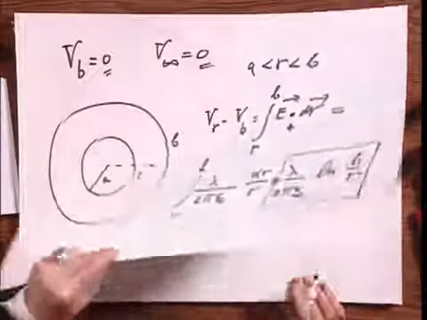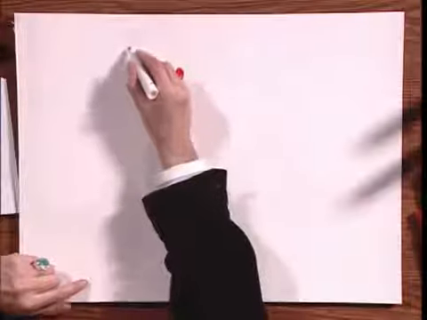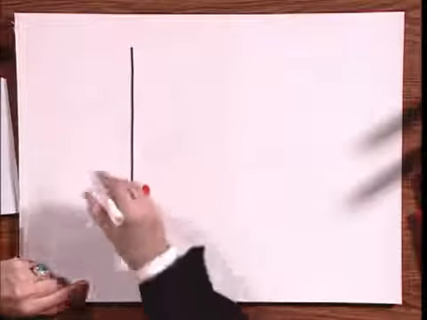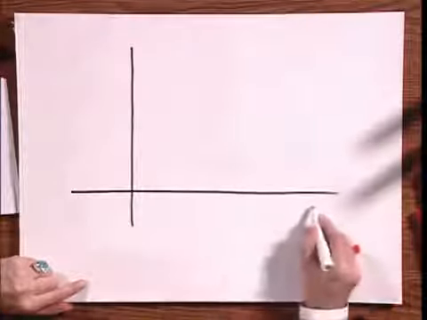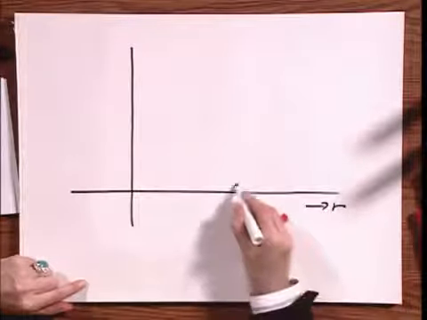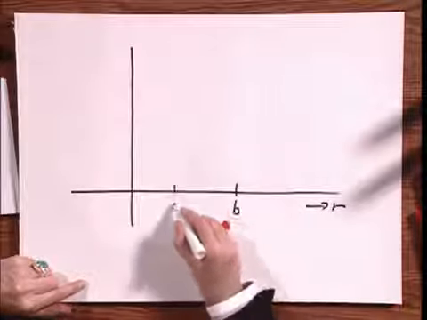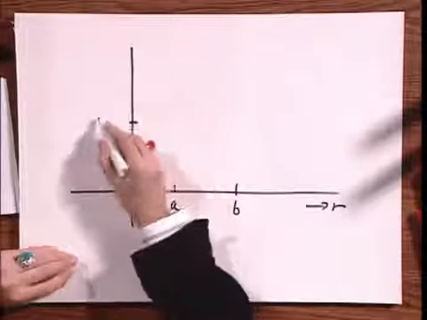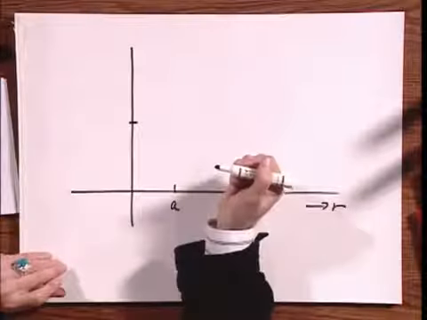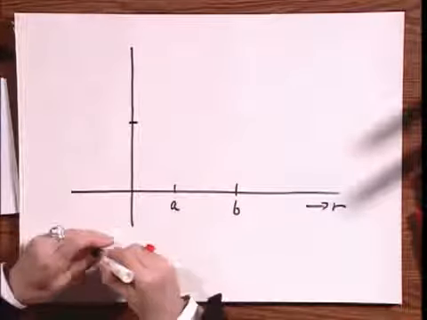And so I would like to make a drawing now of the potential as a function of r. Here is b, here is a. Let's start at infinity.